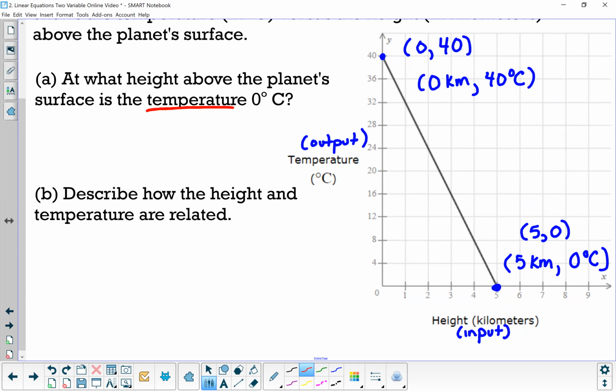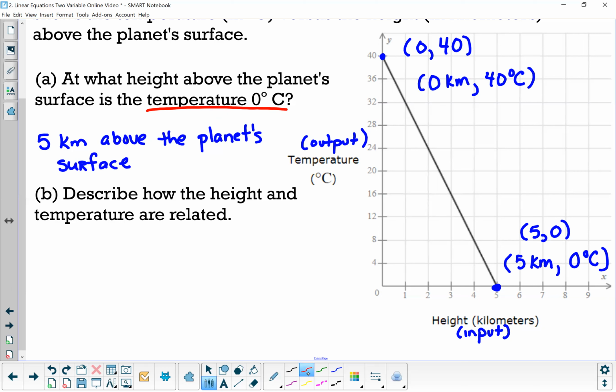The temperature is 0 degrees Celsius at the x-intercept. So we know this is going to be 5 kilometers. That's what the height is above the planet's surface.